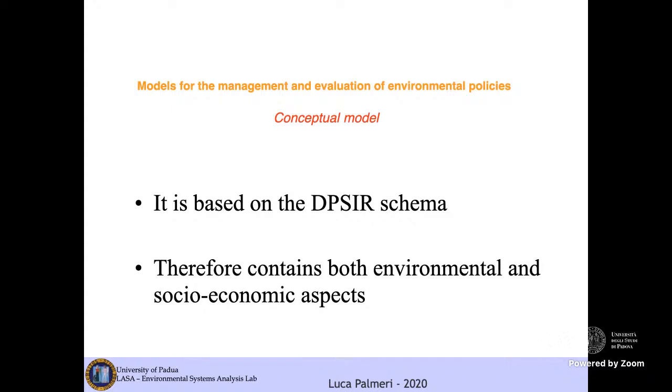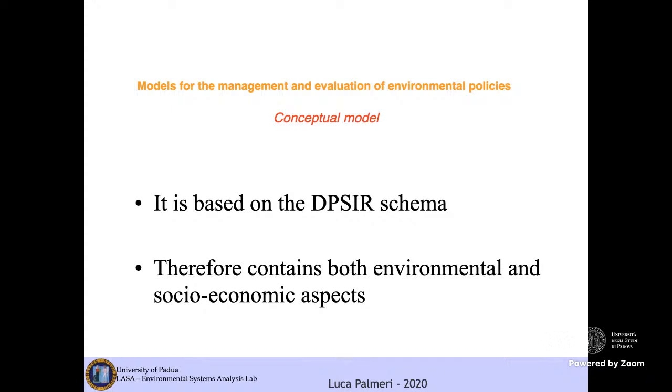We have already seen a conceptual model, but this is a model for classifying environmental indicators, the so-called DPSIR schema: driver, pressure, state, impact, response. This model contains both environmental and socio-economic aspects.